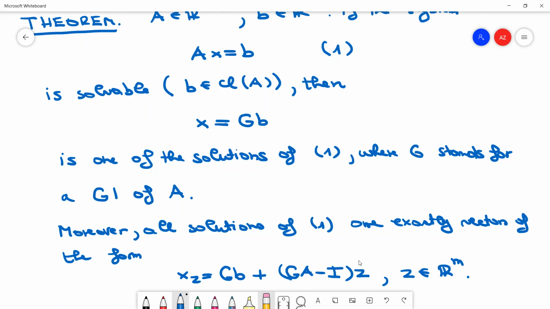We will prove this shortly. So we will prove that this (GA minus identity) z is exactly the kernel of A. It's not clear from the statement why we get exactly GA minus identity times z here, but it will be clear from the proof.